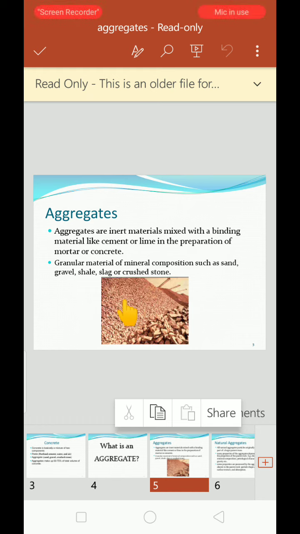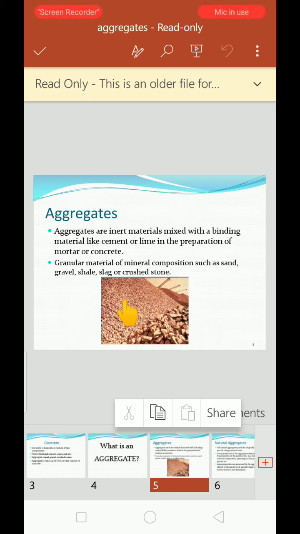Inert means they are chemically inactive and do not react with any components of the concrete. For preparing mortar we use sand, that is fine aggregate, and for preparing concrete we use coarse aggregate, that is gravel.